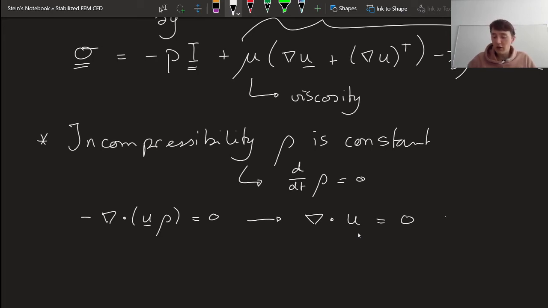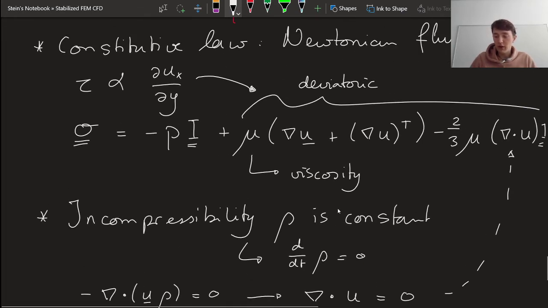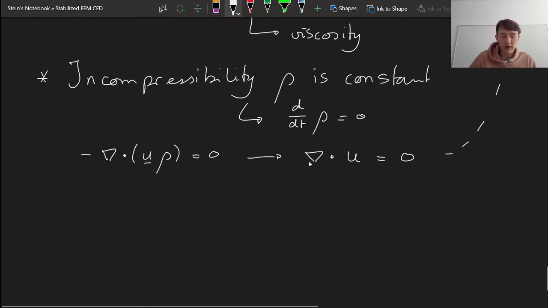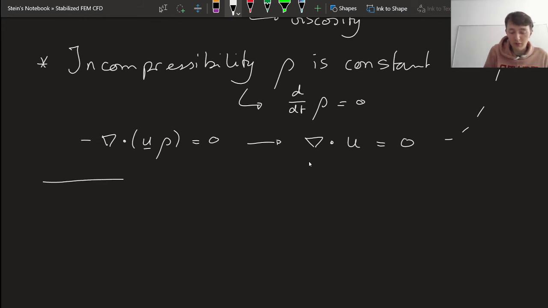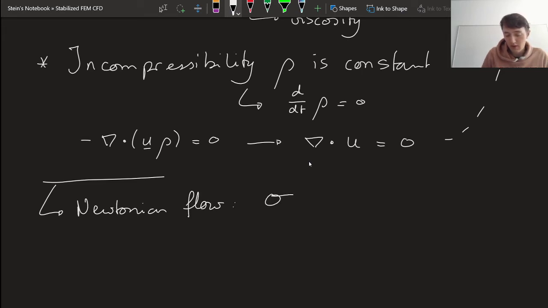Now, this is actually also something that shows up in our constitutive law. Right, so for incompressible flow, we can also drop this term of our equation. And then the constitutive law simplifies and becomes mu times the symmetric gradient of u.